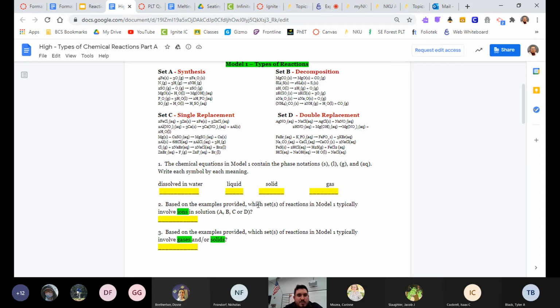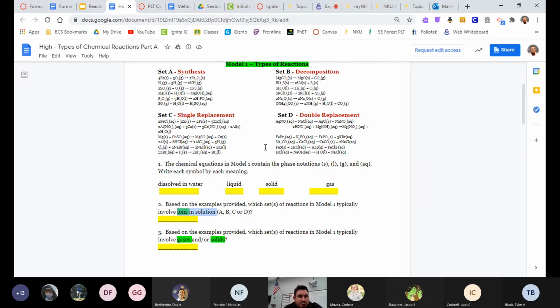All right, based on the examples provided, in model one which set, A, B, C, or D, typically involves ions in solution? So ions in solution, solution with water. Which one of these typically involves aqueous ions?